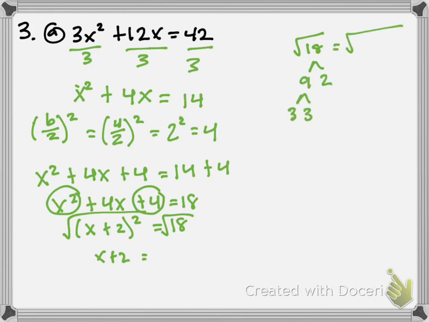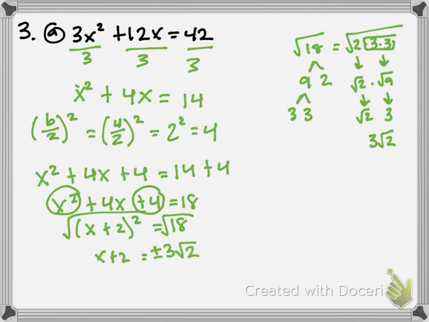So the square root of 18 is really like the square root of 2 times 3 times 3. Here's my pair, right? So square root 2 times square root 9. Square root 2 can't be simplified. Square root of 9 is 3. So I rewrite this as 3 square roots of 2. All right, so x plus 2 is equal to plus or minus 3 square root 2.